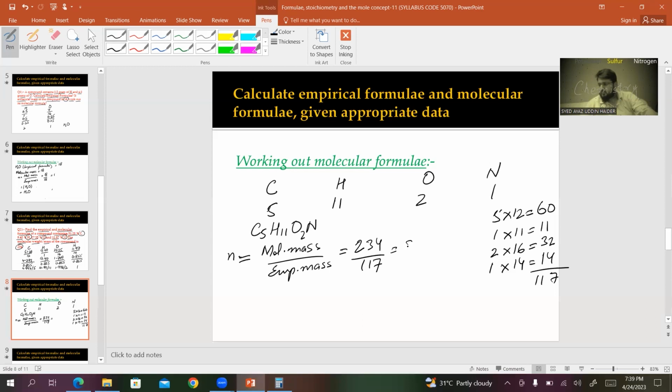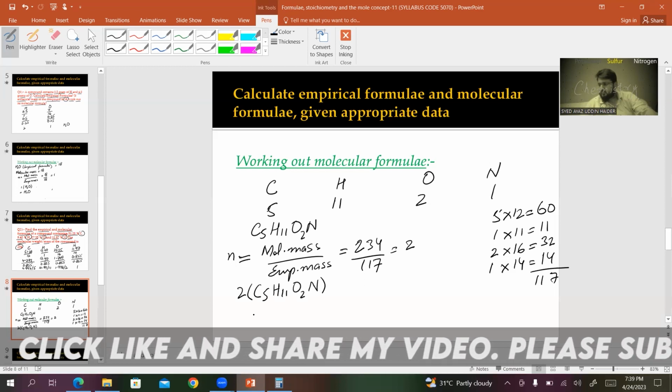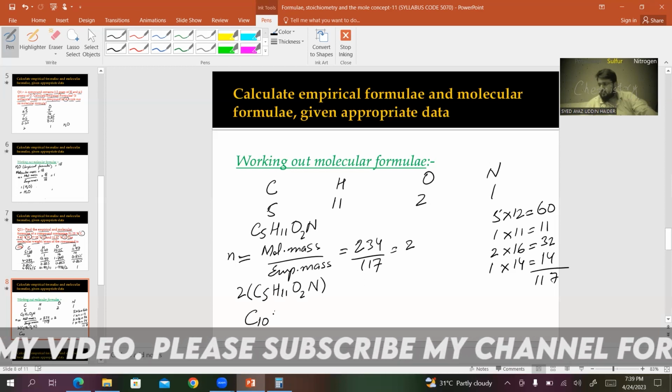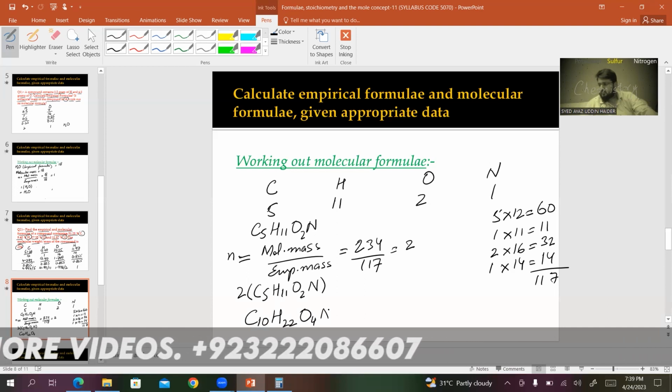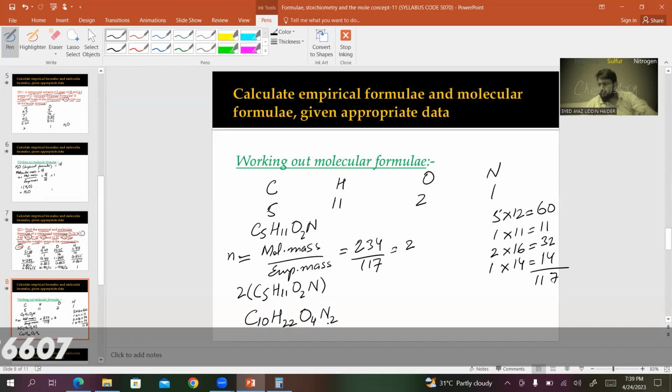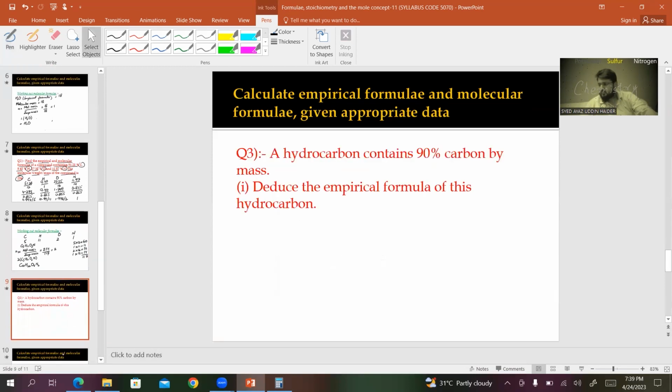Multiply this number by each number of atoms in this empirical formula, C5H11O2N. We will get C10H22O4N2. This will be the molecular formula, the final molecular formula for this compound.